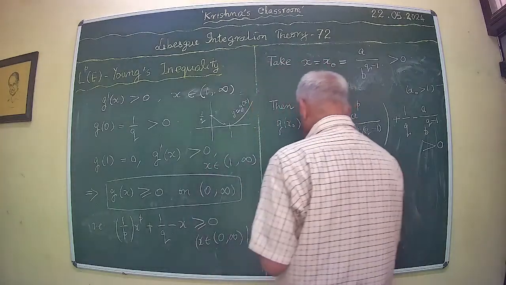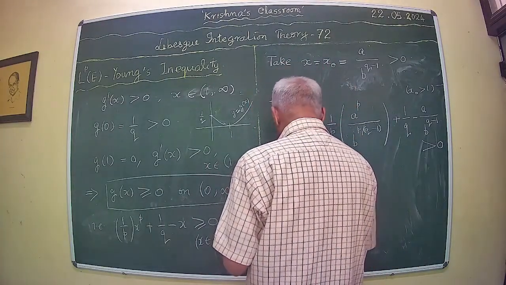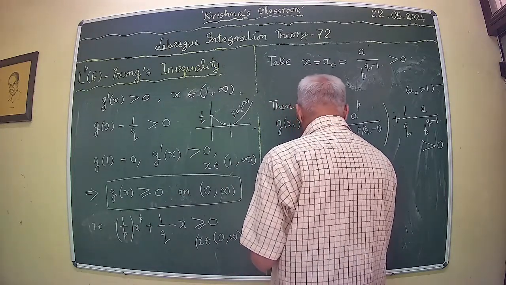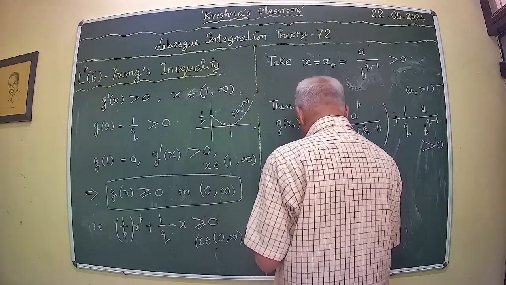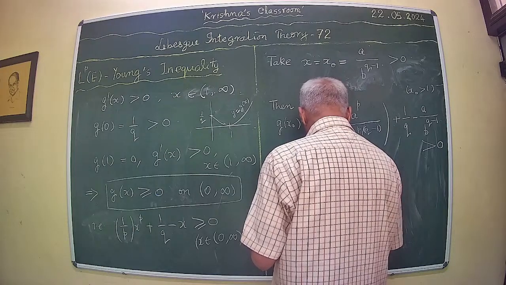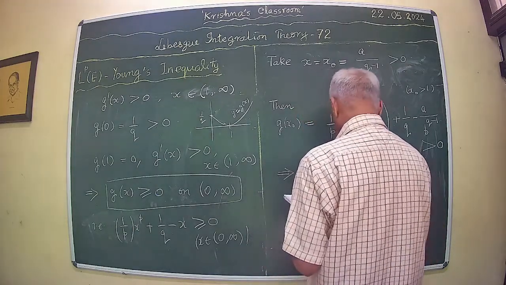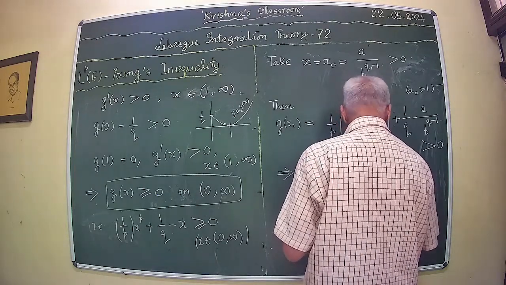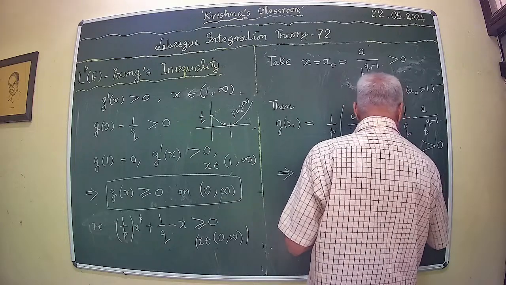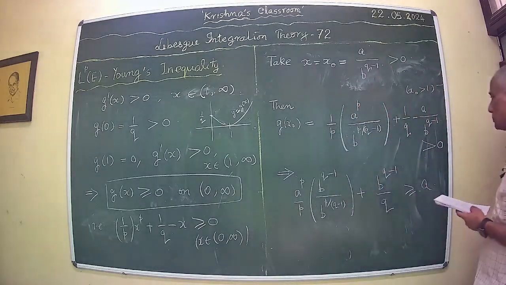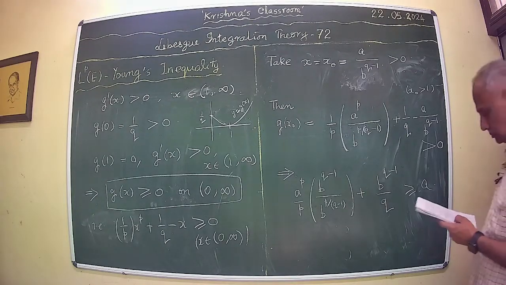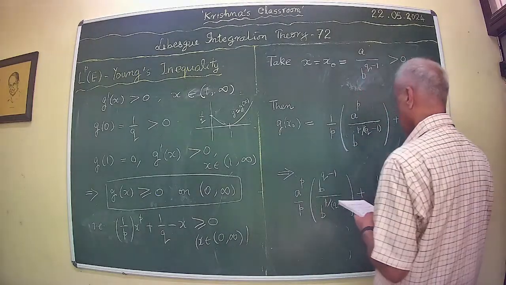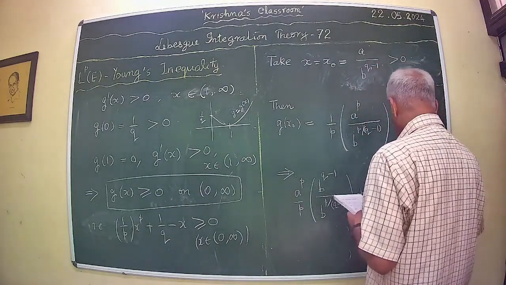Therefore, what you have is a to the power p by p into b to the power q minus 1 divided by p to the power p from this relation. Get this. Greater than a.